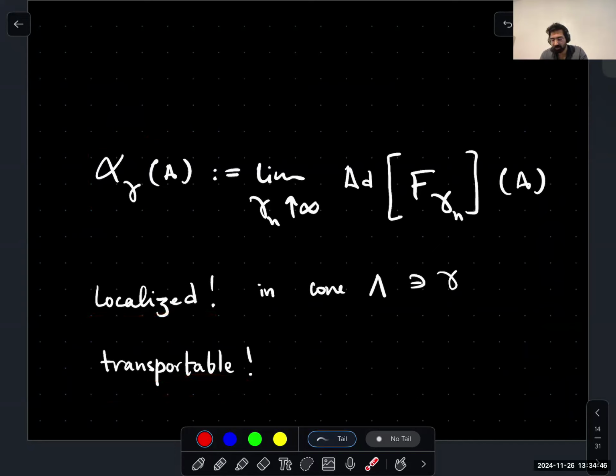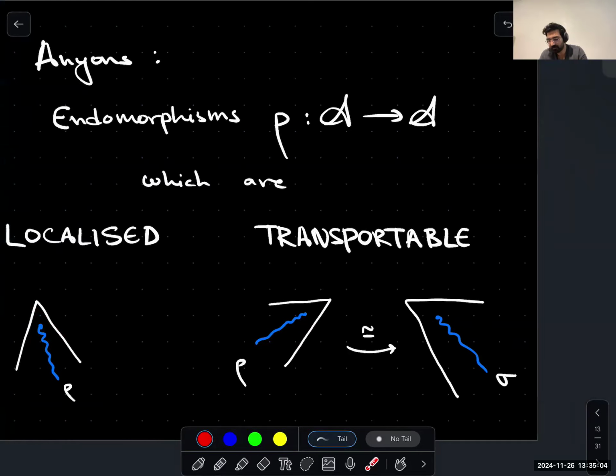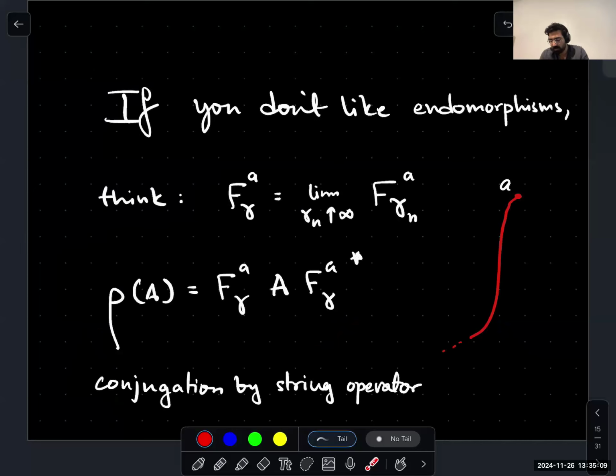And these are the correct endomorphisms to think about for anyons. You can see why: it's a string operator going off to infinity, kind of localized in a cone. So these are the objects that we want to consider. If you don't like endomorphisms for some reason, which is fine, not everyone appreciates mathematical details, you can just think of it as a really long string operator.